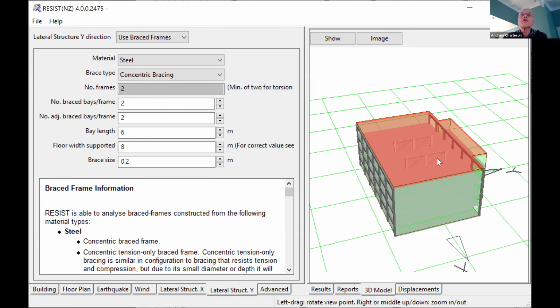Each braced frame has 2 bays, which seems about right. The bay length, I'm going to reduce that, say, to 4 meters. The floor width supported will probably be more like 4 meters.